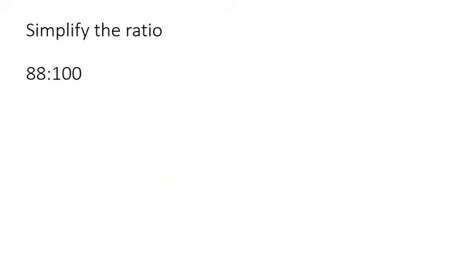I know I said we're going to go to the one with decimals next, but I just decided to throw in this example because a lot of learners think that they have to find the biggest number first, but you don't. You see, these numbers are quite big, so you don't have to try to think about what is the biggest number that can go into both. You can just start with the number 2. Check this out, and then you're just going to keep going. So you divide both by 2, and that's going to give you 44 and 50.